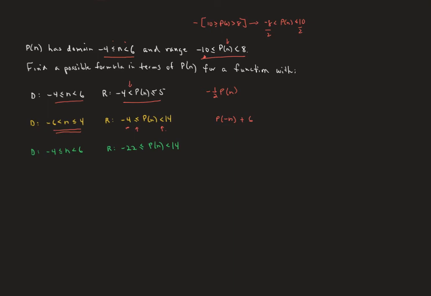Tricky stuff. Now we're looking at the next one, the green one. Well, our domain looks exactly the same, so that means we aren't doing anything inside there to change it. But now let's see, how do we get to -22 starting with a -10?